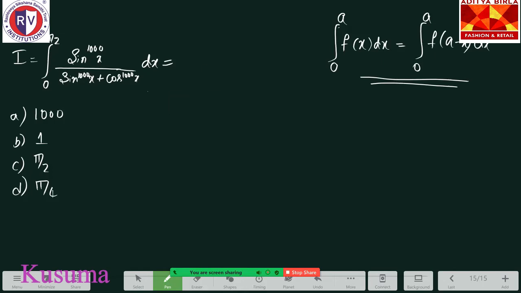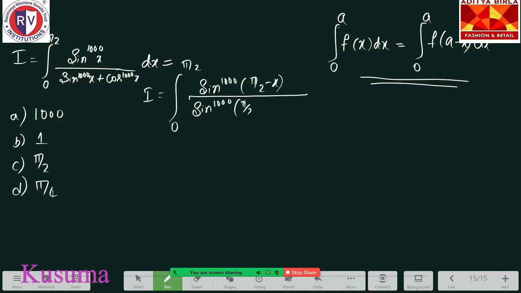So this I will be equal to integration from 0 to pi by 2 sine to the power 1000 of pi by 2 minus x, that is replacing x by pi by 2 minus x here, divided by sine to the power 1000 of pi by 2 minus x plus cos to the power 1000 of pi by 2 minus x.